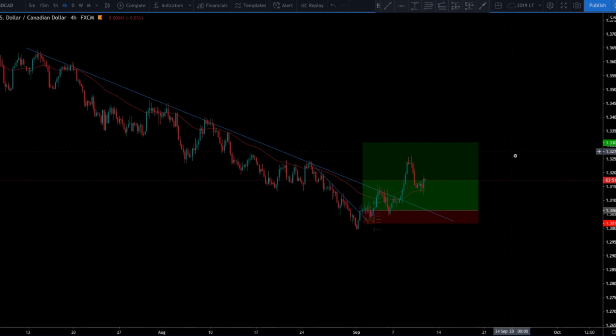But if everything is still looking nice on the lower time frames like this, I'm just going to let it ride and give it a chance to hit the full, almost 5.5% profit.